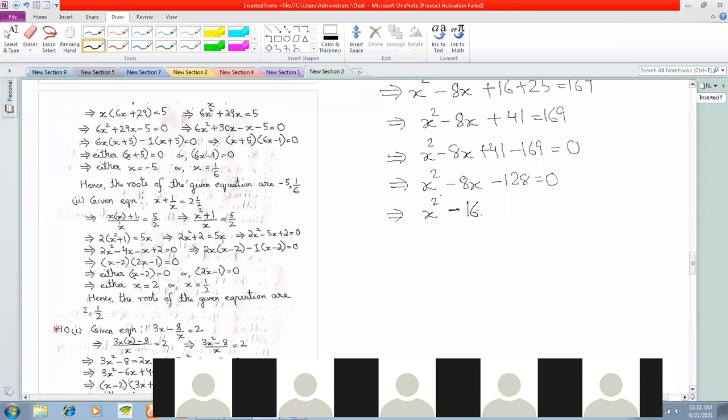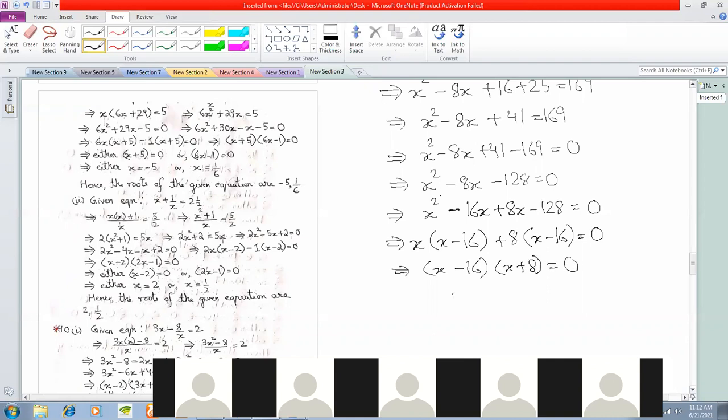So minus 16x plus 8x minus 128. Take x common, you get x minus 16. Take 8 common, you get x minus 16. So you get (x minus 16) into (x plus 8) is equal to 0.